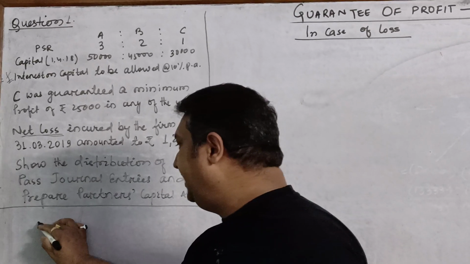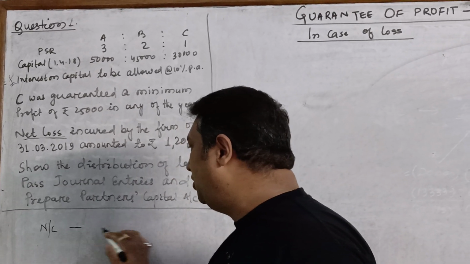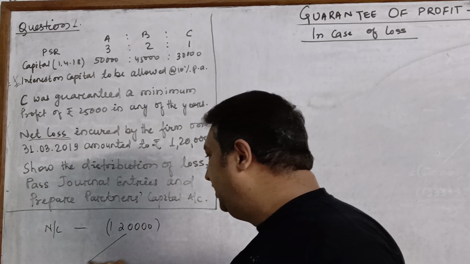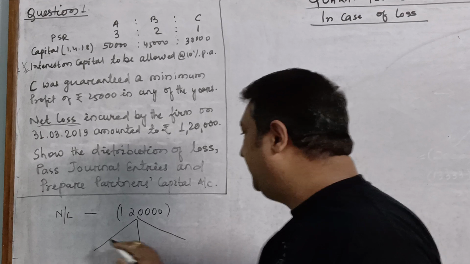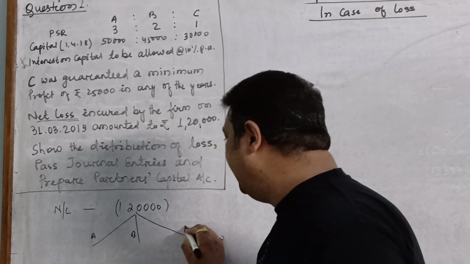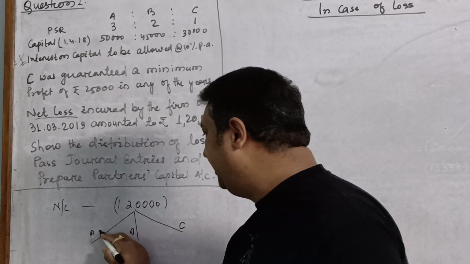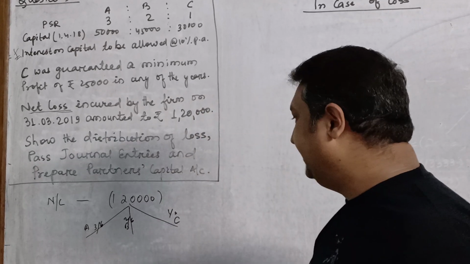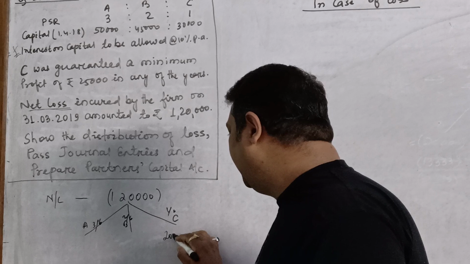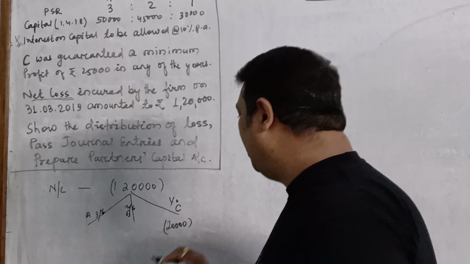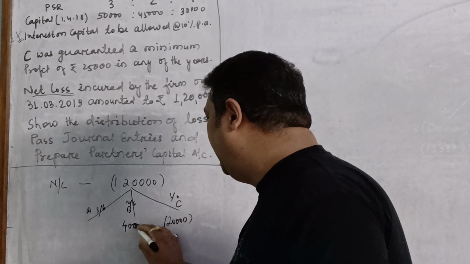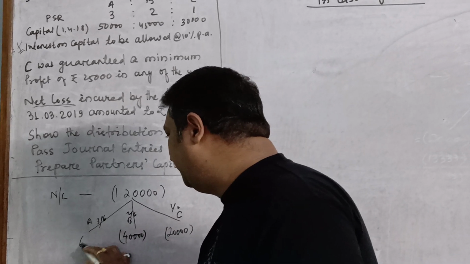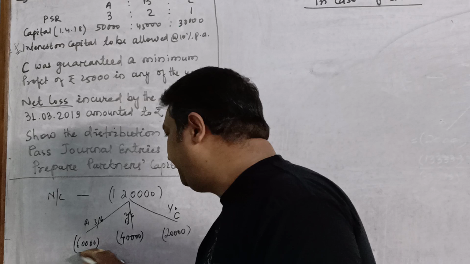So in this case, we have a net loss of rupees 1,20,000, which we will distribute amongst all the three partners A, B and C in the profit sharing ratio 3/6, 2/6 and 1/6. So the share of each partner: A's loss is 60,000, B will incur a loss of 40,000 and C will incur a loss of rupees 20,000.